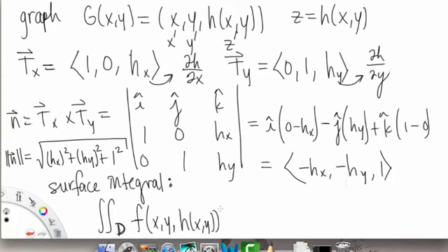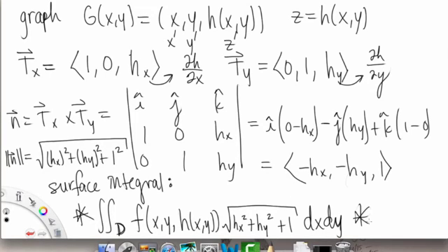And then we'd multiply it times the magnitude of the normal vector, which we just found to be the square root of h sub x squared, so again, the partial of h with respect to x squared, plus the partial of h with respect to y squared, plus 1. And then our dx dy, or dy dx. It just depends on your problem. But this is just the standard form when you have a parameterization such as this, where x and y stay the same, they're just themselves, and z is a function dependent on x and y.